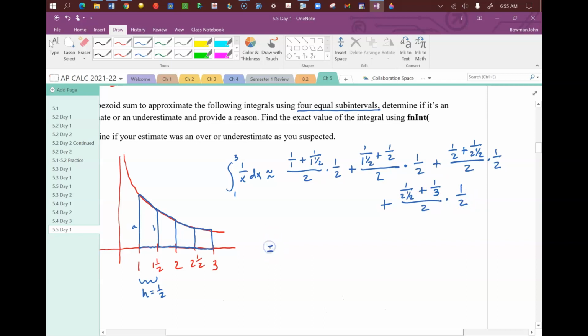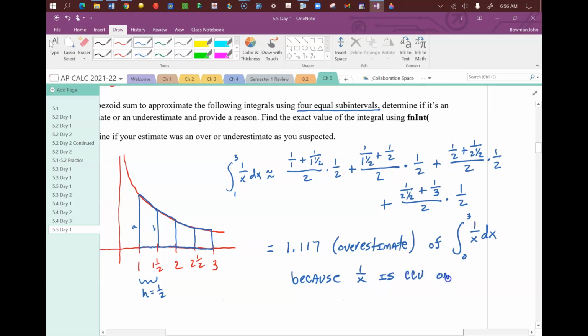Now we're not going to go through the algebra of simplifying all that. I'm just going to tell you that if you do all of that, you will end up with a value of 1.117, and that should be an overestimate of the integral from 1 to 3 of 1 over x dx, because 1 over x is concave up on the closed interval from 1 to 3.